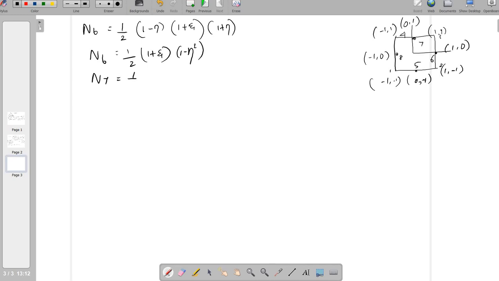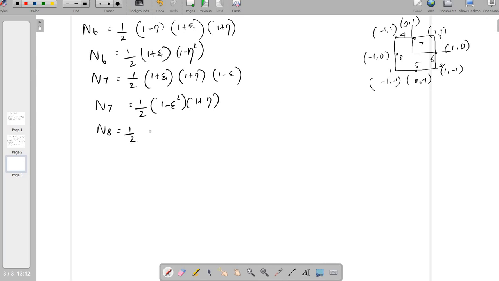N7, similarly with 1 by 2. For N7 you consider the other 3 sides: 481 has the common factor 1 plus epsilon, and 152 has the common factor eta equal to minus 1, so 1 plus eta. And 263 has the common factor epsilon equal to 1, so it is 1 minus epsilon. So we have 1 by 2, 1 minus epsilon square, 1 plus eta. It is N7.